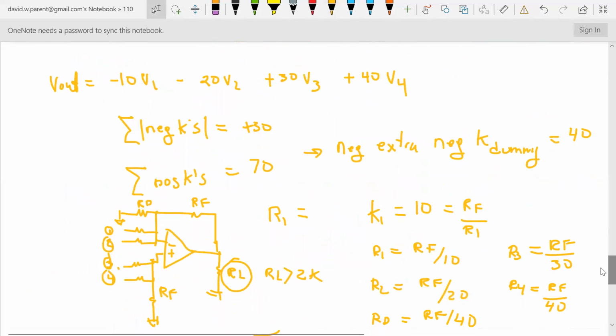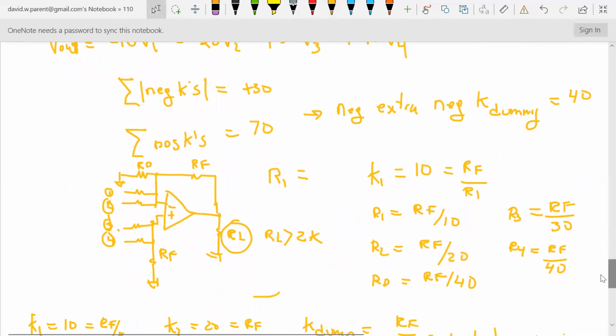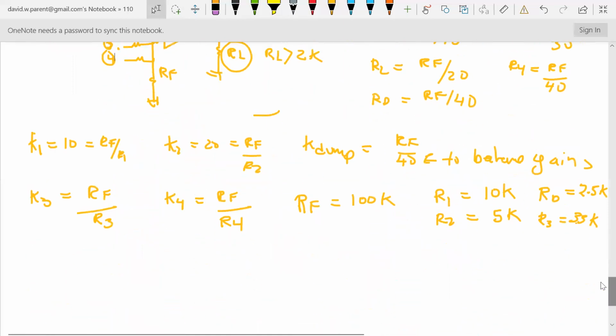Sometimes you can come up with resistances that are too small for it to work. So a lot of times I make sure that no single resistor is less than 10K. In this particular example, I've got a 2.5K. Well, that's right on the edge.